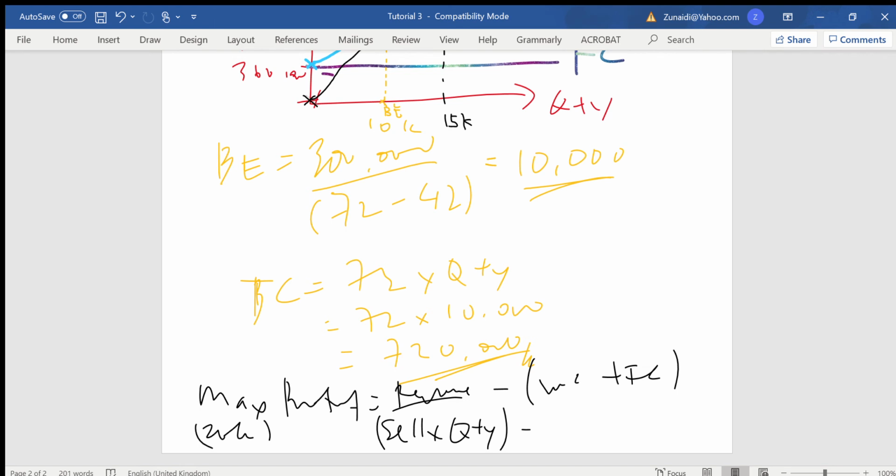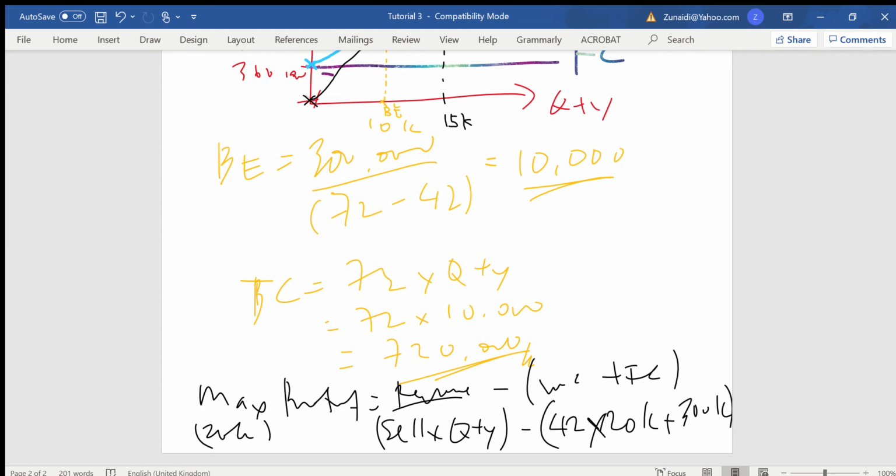We can get the revenue for that particular maximum production, 20K, minus the cost. So variable cost, we have 42, but the quantity is 20K, plus 300K for the fixed cost. That is all the cost when we make that volume production. So we can get that profit.